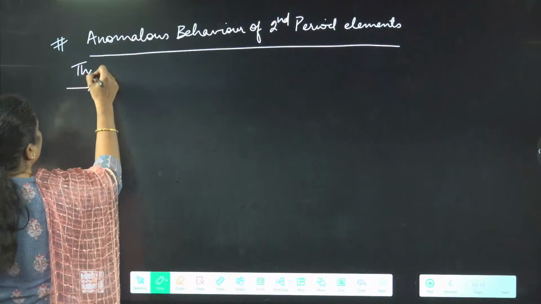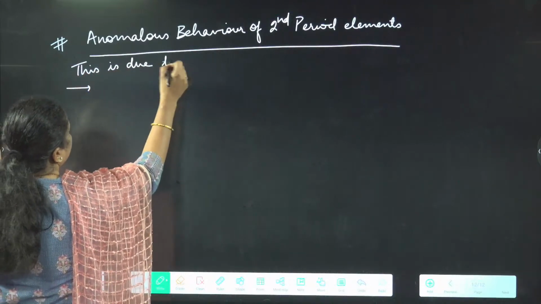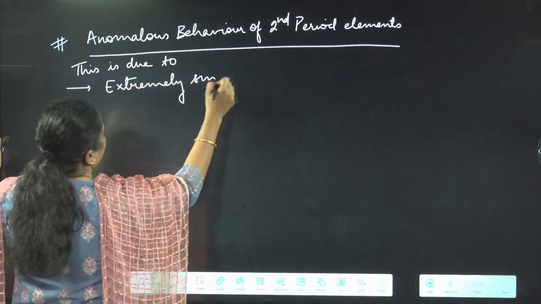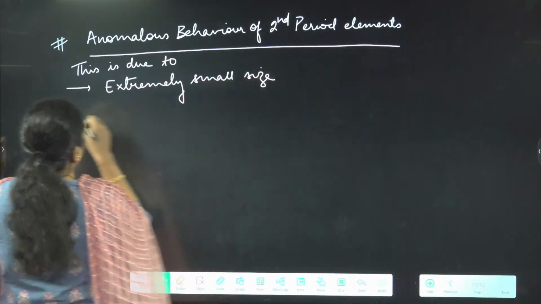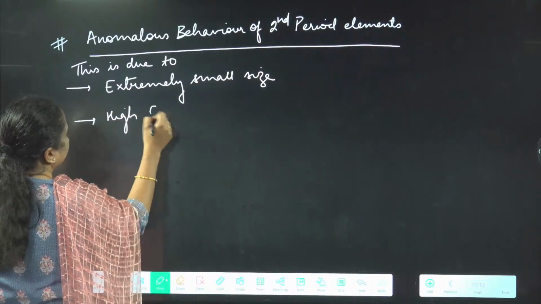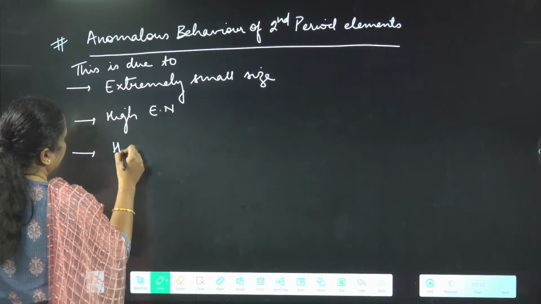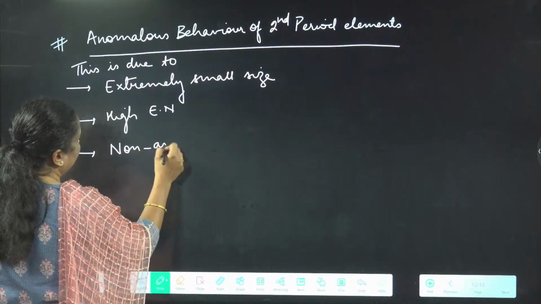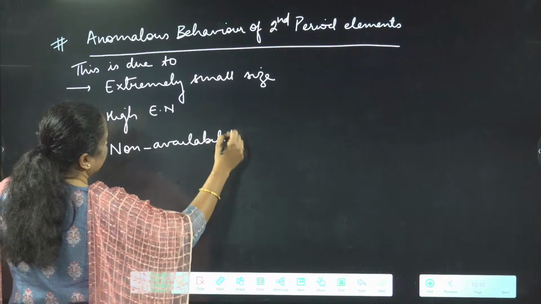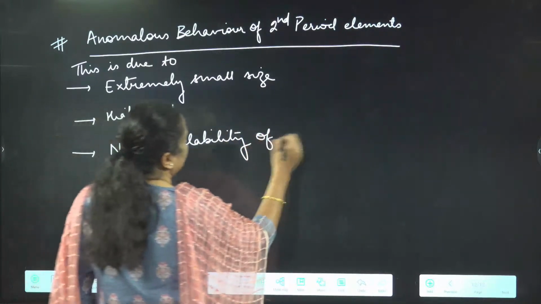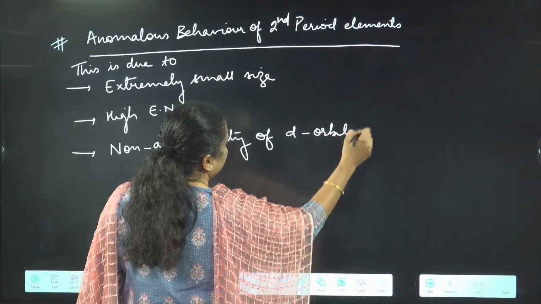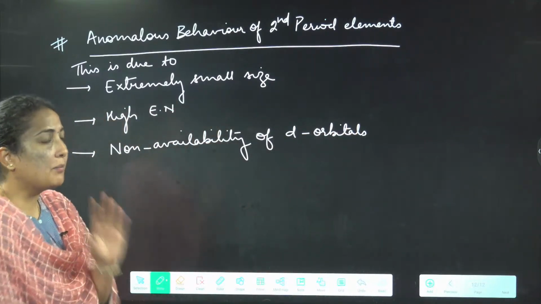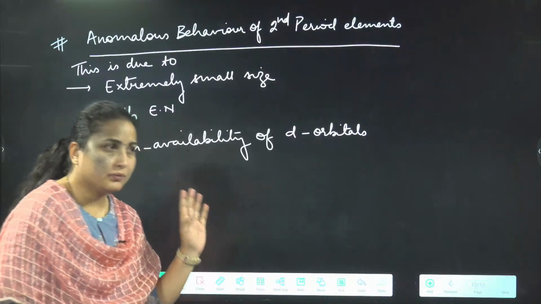So this is due to extremely small size, high electronegativity, and non-availability of d orbitals. Because they cannot have their octet expanded. At most, they can only make a maximum of 4 bonds, right?